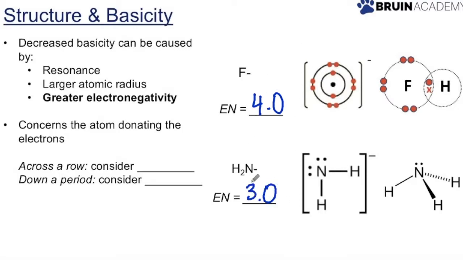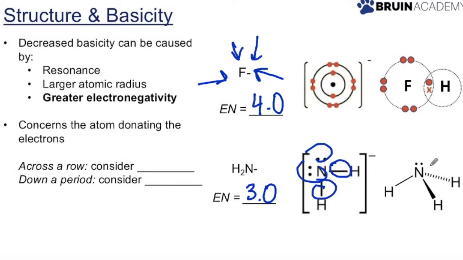The electronegativity is 4 for fluorine, and for nitrogen it would be 3. Between these two, fluorine is a lot more electronegative, meaning that it wants to pull its electrons towards itself. It doesn't want to give them up. As a result of these electrons being strongly pulled towards itself, it's less likely to donate them to form an acid-base pair, as opposed to something like nitrogen, which is less electronegative and has a weaker grip on the electrons that surround it.